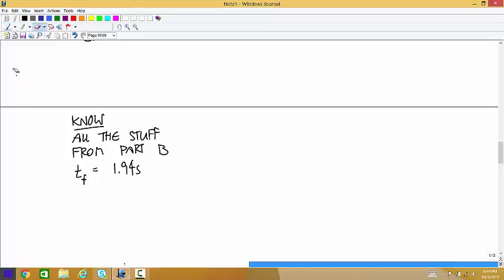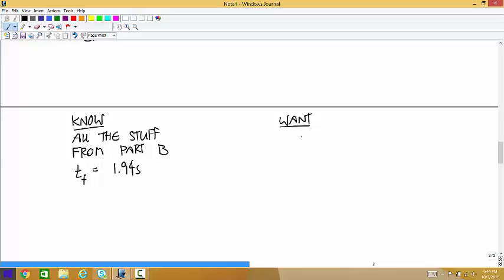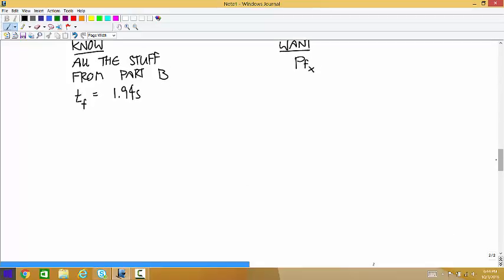And we're trying to calculate PFX. So we can use this equation. PFX is equal to PIX plus VIX TF plus 1/2 AX TF squared.